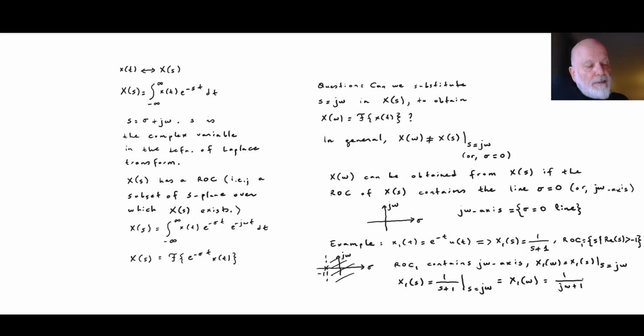We can obtain the Fourier transform from the Laplace transform by substituting j omega for s. That means we choose sigma to be equal to 0, because the region of convergence contains the j omega axis, or sigma equal to 0 line.